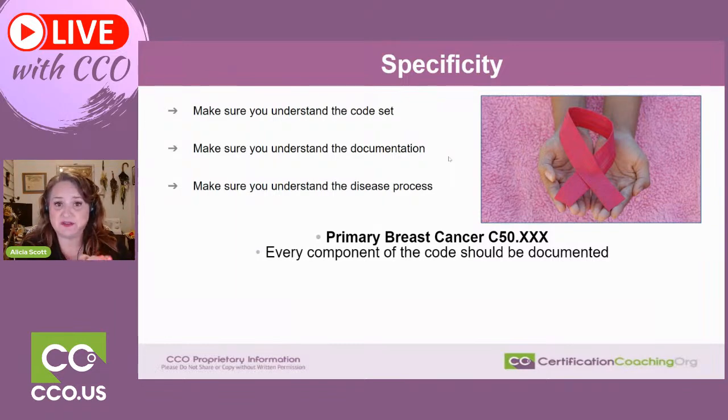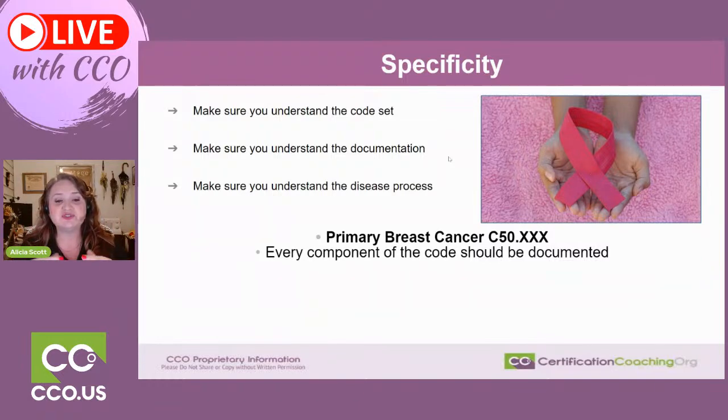Another reason we have to understand this, all three of those bullets, is that primary cancer alone, C50, has so many nuances. Because it's so heavily researched, the code set has expanded amazingly. And the breast is divided up in quadrants and everything.